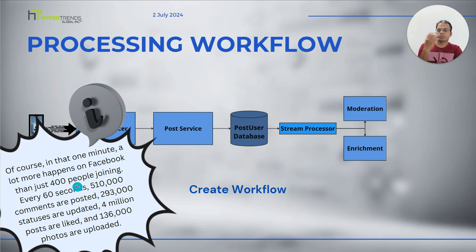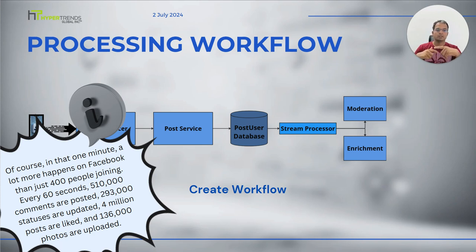New people are joining every 60 seconds. There are 5.1 lakh comments posted, 2.93 lakh statuses updated, 4 million posts liked, and 1.36 lakh photos uploaded. So these many activities are done in a single minute, right?